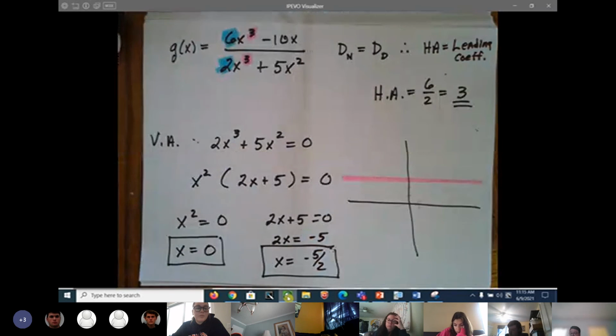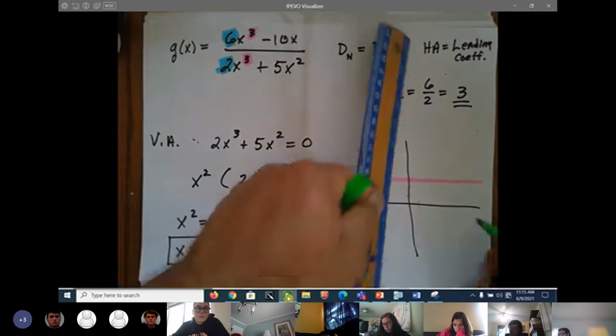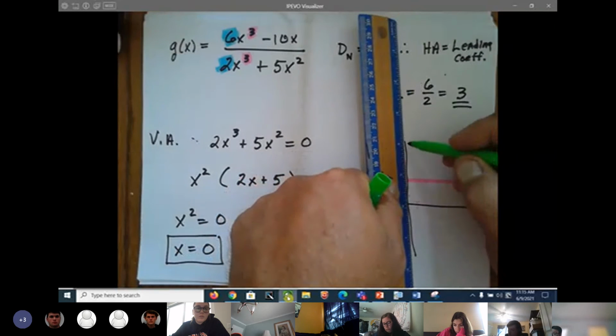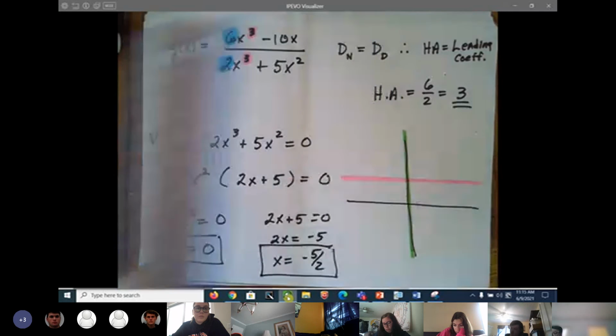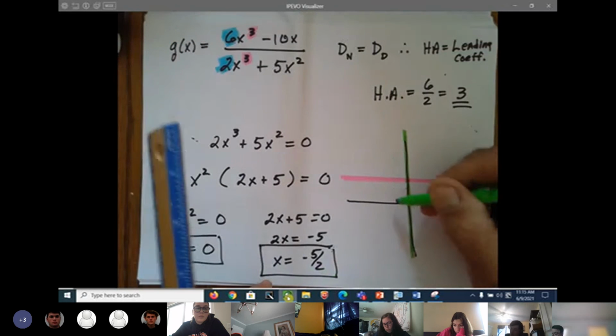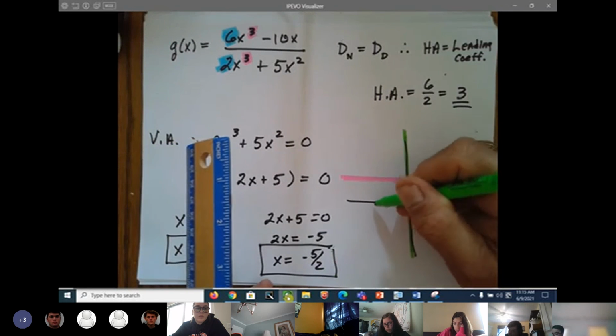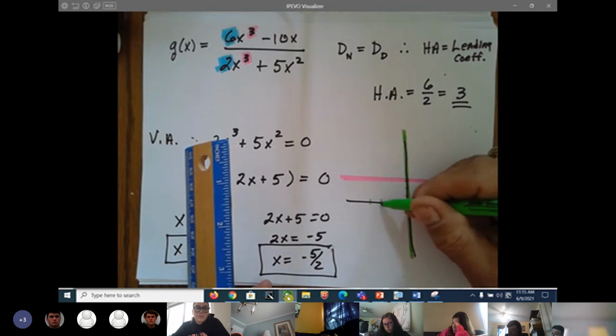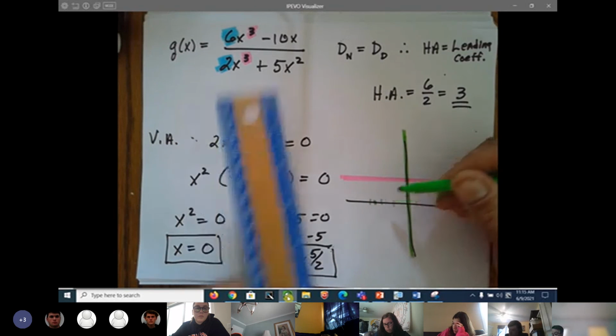And then we've got a vertical asymptote at 0, which is the y-axis, and negative 5 halves. 1, 2, 3, negative 2.5.